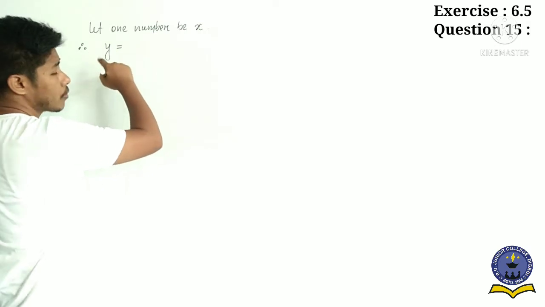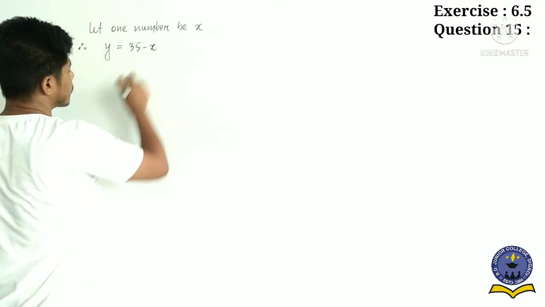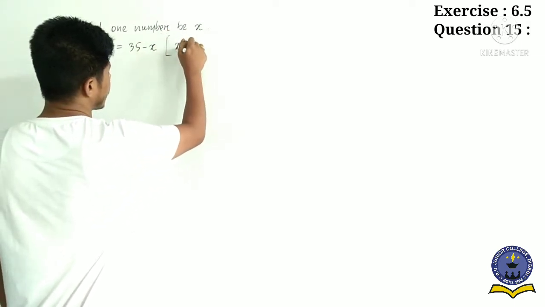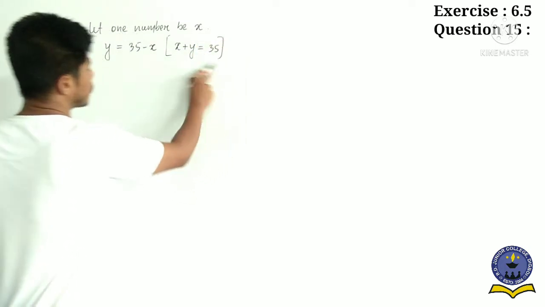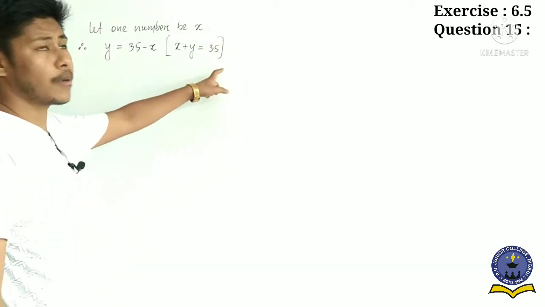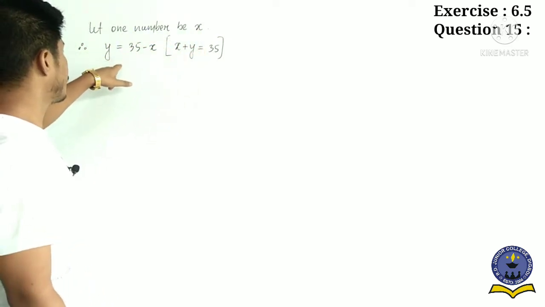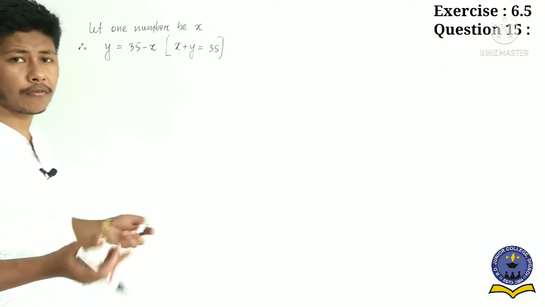The other one we write as 35 minus x. Why? You know the reason: the sum of these two is given as 35. So if one number is x, then obviously the other one is 35 minus x. All of you know this.